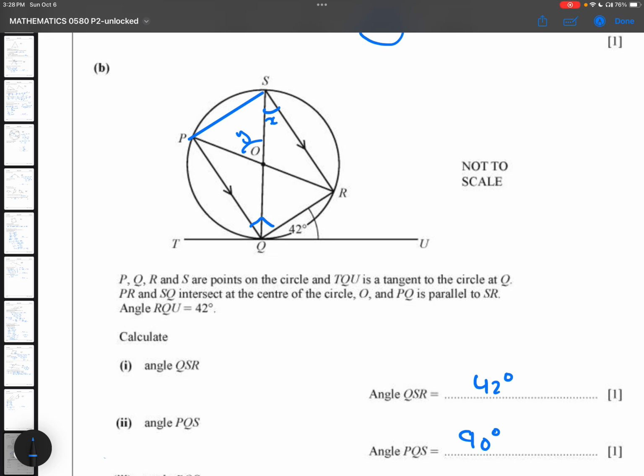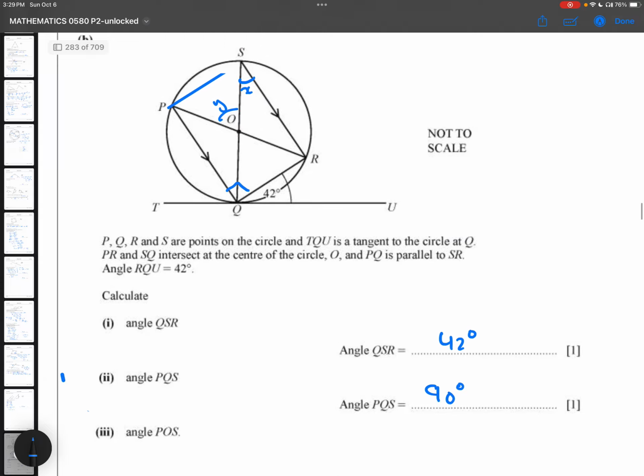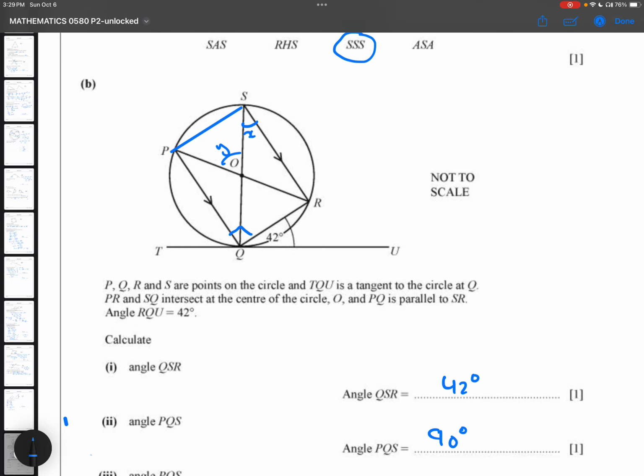And the angle subtended at the center of the circle is twice the angle subtended at the circumference of the circle. So this PS, we don't know which angle PS is subtending. Angle POS we have to find out.